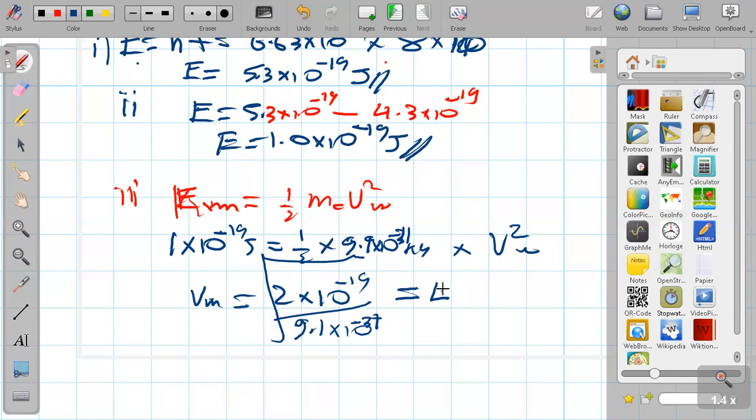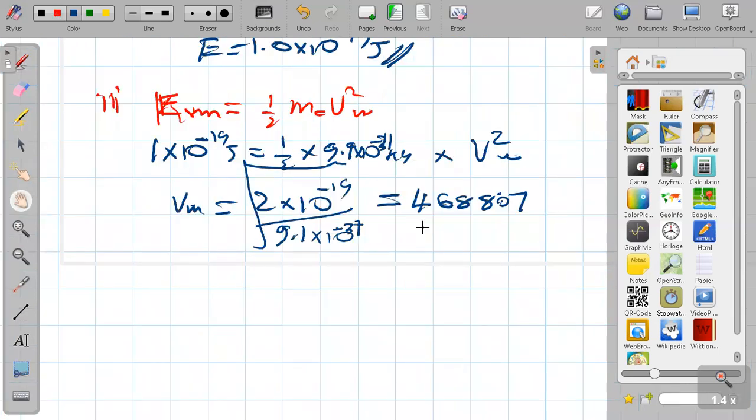No, normal value. 468,807 meters per second. Right, so this is really ugly. So we have to write it like 4.68 into 10 to the power 5 meters per second, ms minus 1. Right?